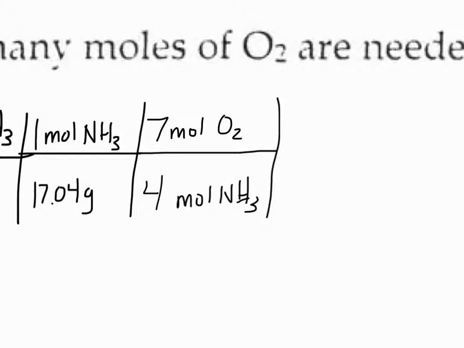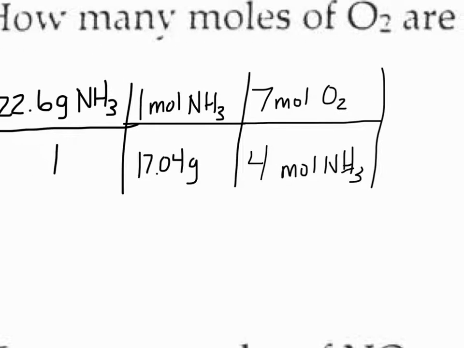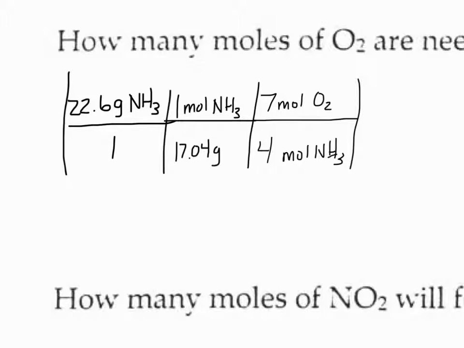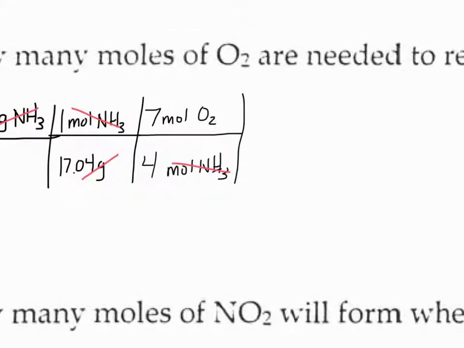Now if we go back and look, we can see that when we cancel, so grams of NH3, grams, moles NH3, moles NH3, we are only going to be left with moles of O2, which is what the question wants. And doing the calculations, we get 2.32 moles of O2.